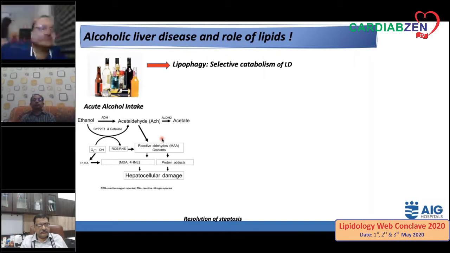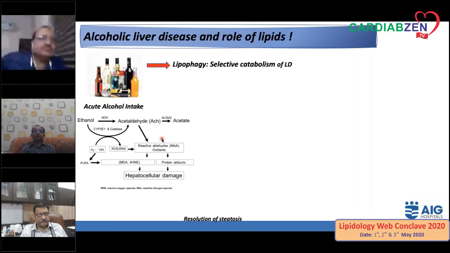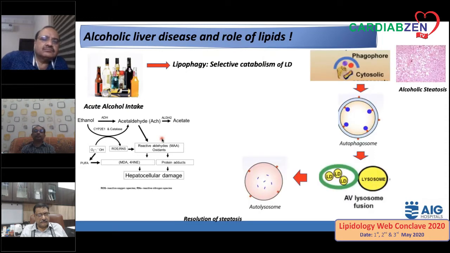When somebody takes alcohol acutely for a few days, there is something called lipophagy, which must have been discussed during the course of the day, which is basically a selective catabolism of the lipid droplets.